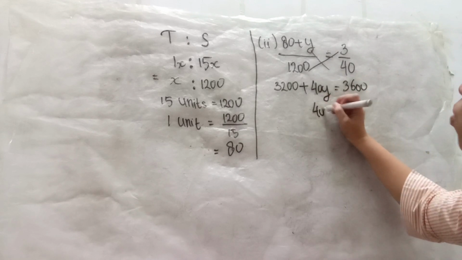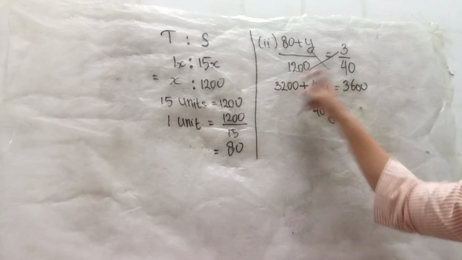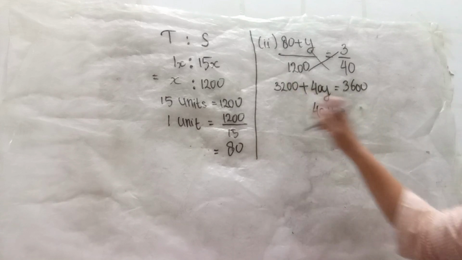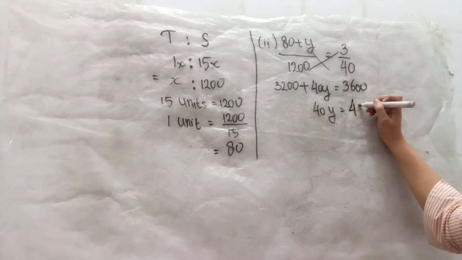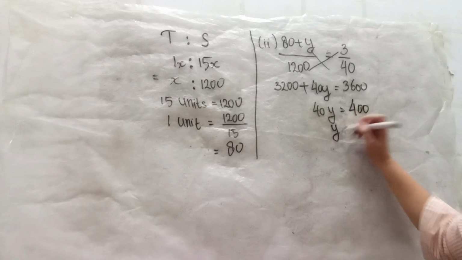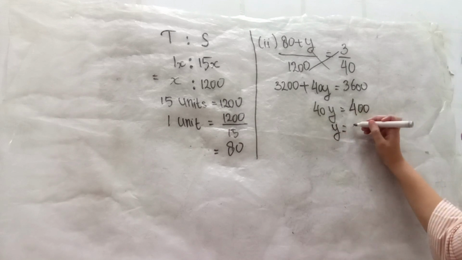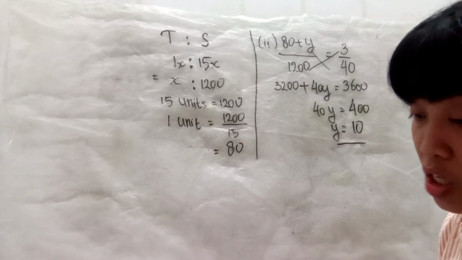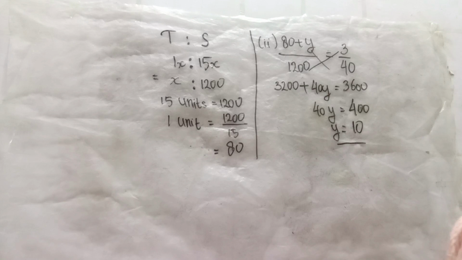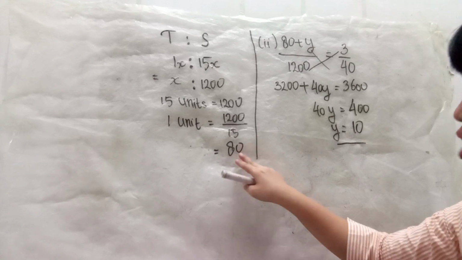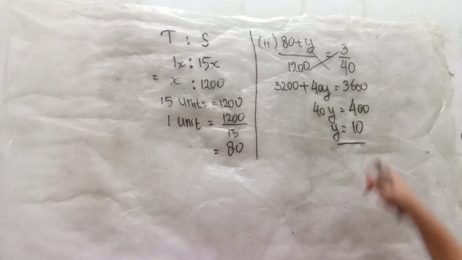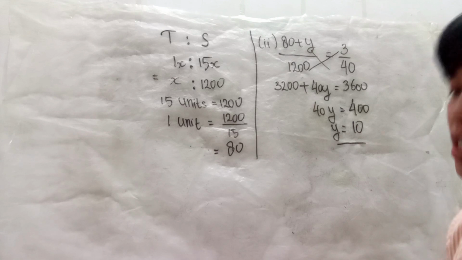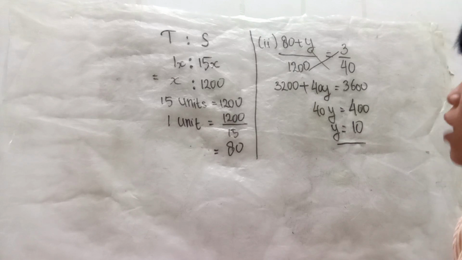So 40y equal to 3,600 minus 3,200 equal to 400. So y equal to 400 divided by 40 or 10. So it means the number of teachers who joined the school is 10. In the beginning or in the initial 80 and then plus 10 again. So this is for number 12.